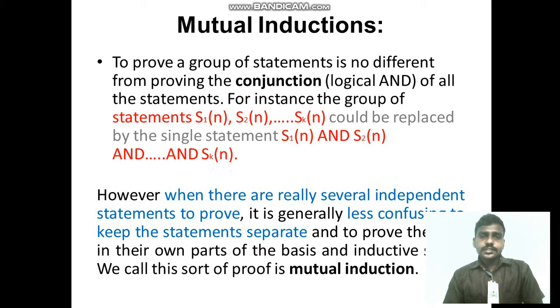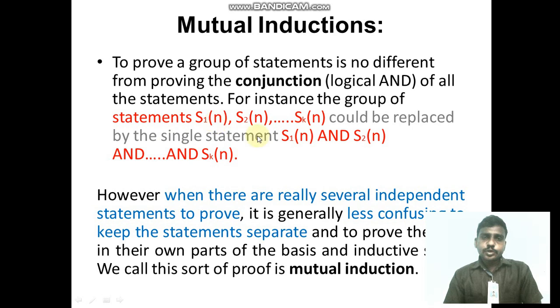Okay, now mutual induction. What is mutual induction? We have separate statements like S1 of n, S2 of n, up to Sk of n. These are independent statements, and I mutually induct them by using conjunction, like a logical AND: S1 of n and S2 of n and S3 of n, and so on, up to Sk of n.